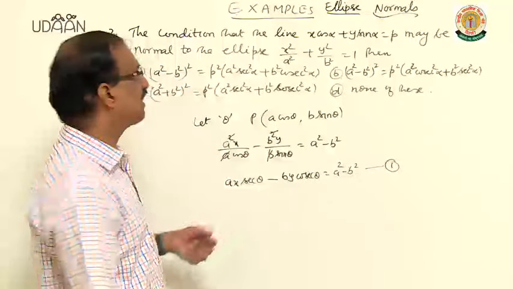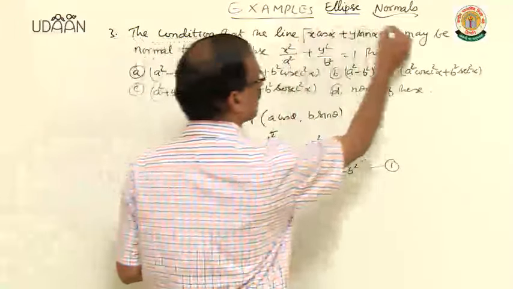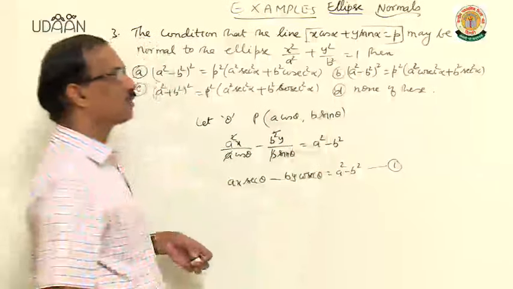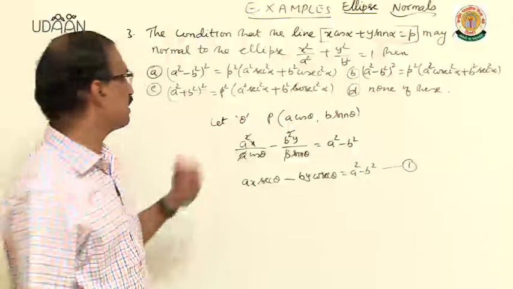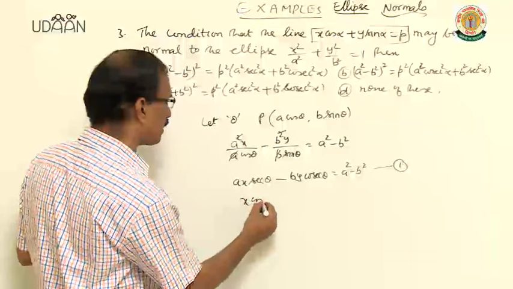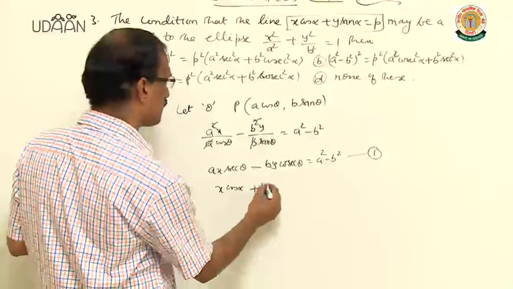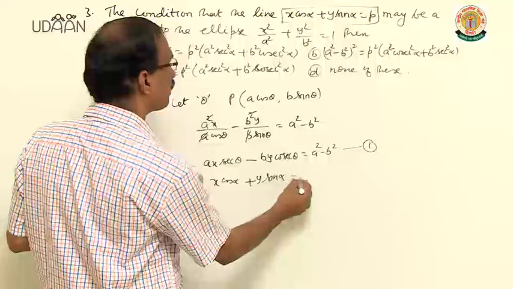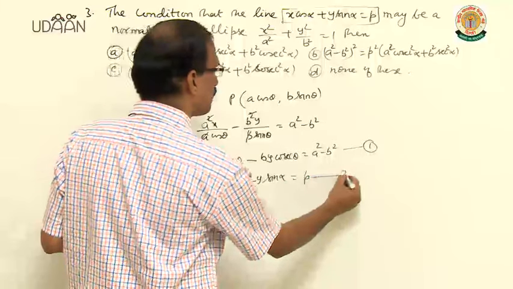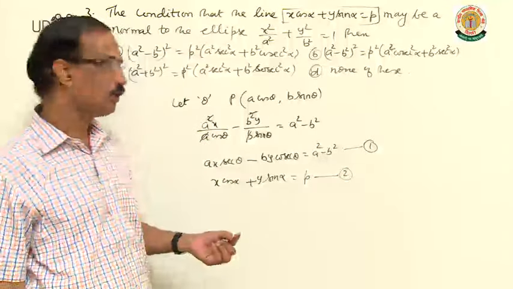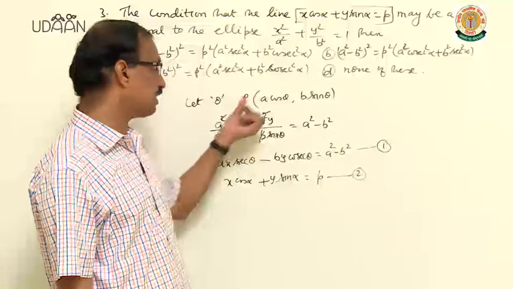Now what is given? The line x cos alpha plus y sin alpha equal to p is a normal, given to you. Now at this point theta, this is a normal.